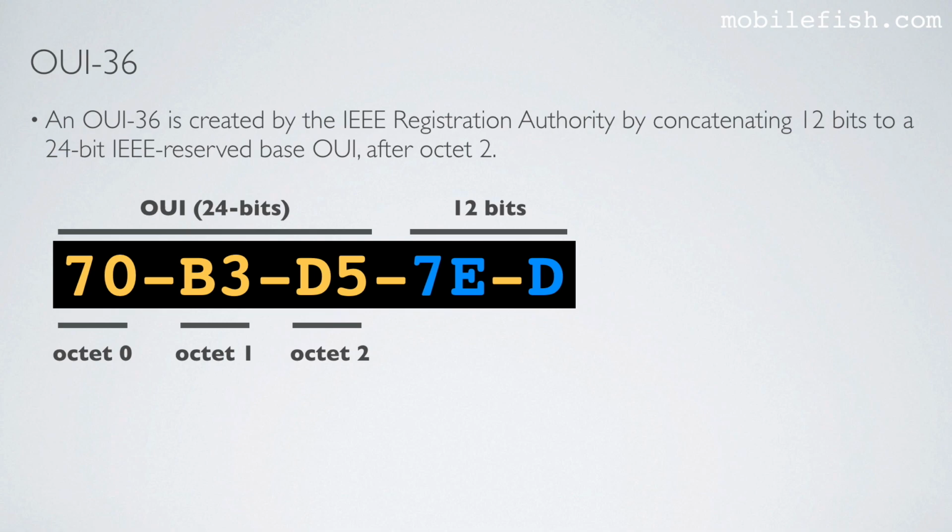An OUI-36 is created by the IEEE Registration Authority by concatenating 12 bits, these 12 bits, to a 24-bit IEEE-reserved base OUI after octet 2. So these 12 bits are added to this OUI.